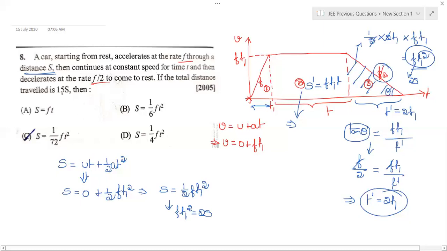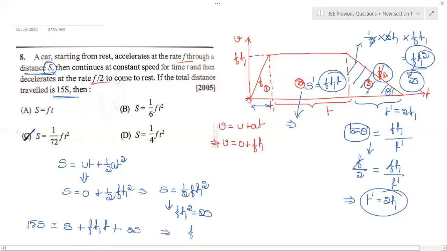He has given total distance traveled is equal to 15s. So that implies 15s is equal to distance traveled in the first case, nothing but s, plus distance traveled in the second case, nothing but f into t1 into t, plus distance traveled in the third case, nothing but 2s.